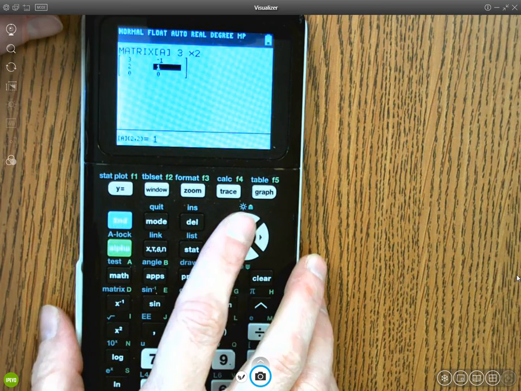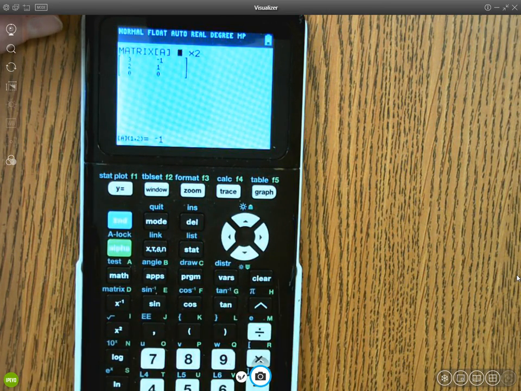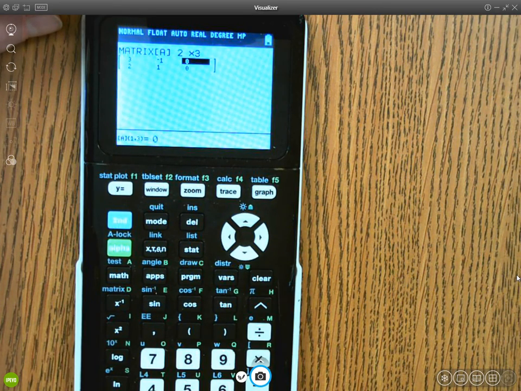I said a 3 by 2, I clearly meant a 2 by 3. Let's go back up and fix that. Okay, so now I can put in my numbers. 3, -1, 2. And then -2, 4, 0.